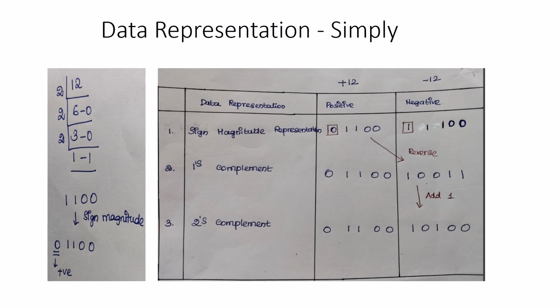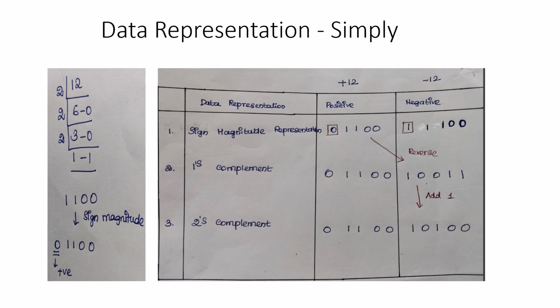For positive numbers, the sign magnitude, 1's complement and 2's complement representations are the same. Whatever we get in the sign magnitude representation is the same in 1's and 2's complement. But if you want the 1's complement of a negative number, we take the positive of the number and just flip the bits.